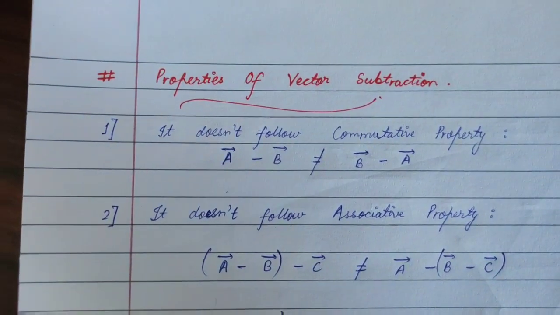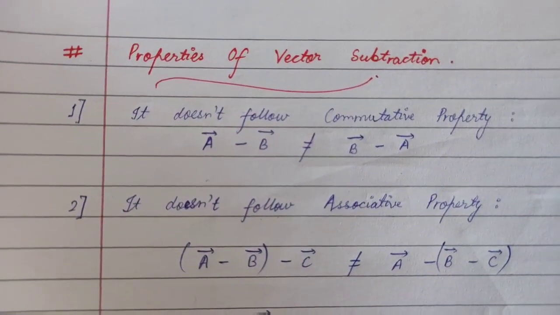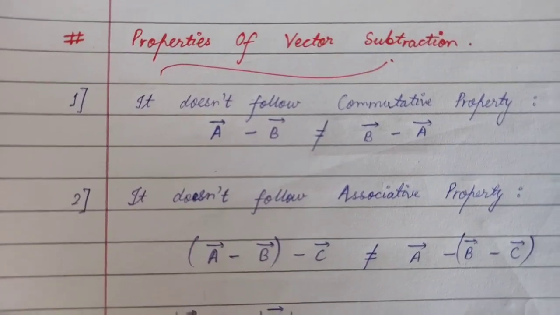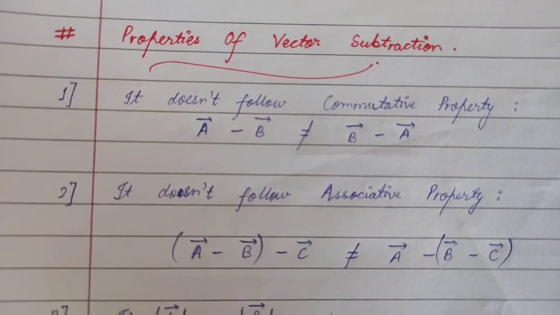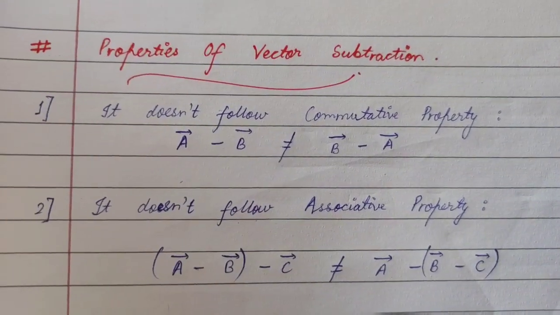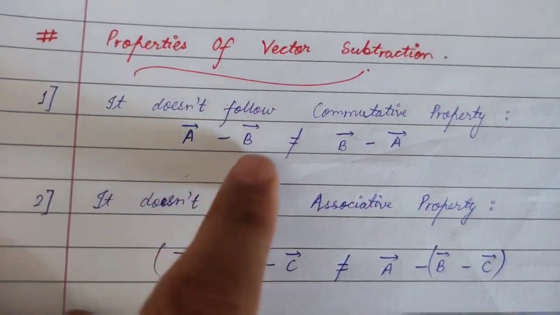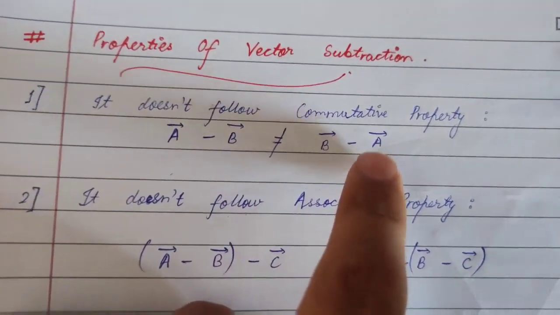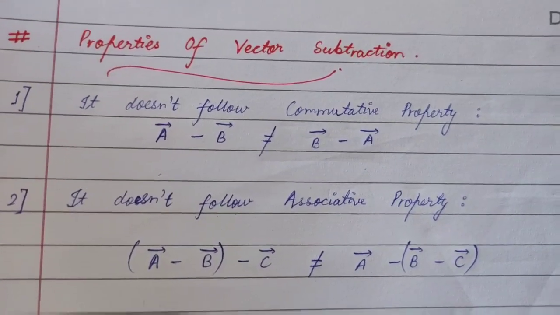Now next comes the properties of vector subtraction. We have also discussed the properties of vector addition: it follows the commutative property and the associative property. But vector subtraction does not follow any of these properties. If we subtract vector a from b and vector b from a, both are not equal to each other, both are opposite.